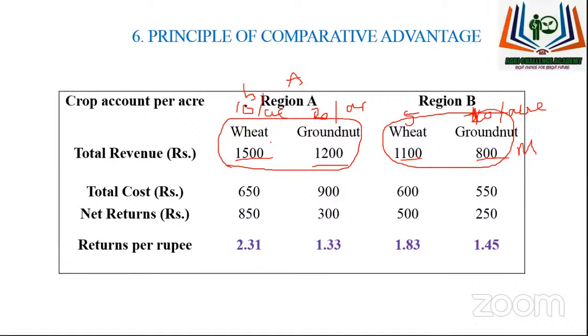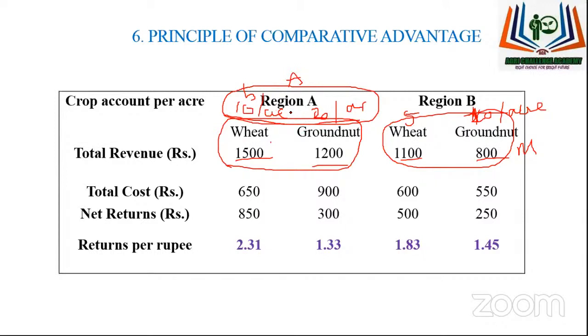So from the production point of view, product per acre, region A has the absolute advantage for wheat and groundnut production. Why? Because in absolute physical terms it is 5 bags here and 10 bags below. So region A is absolutely enjoying the production of wheat and groundnut, because yield is higher in region A.